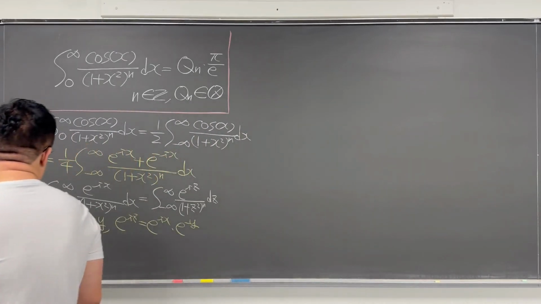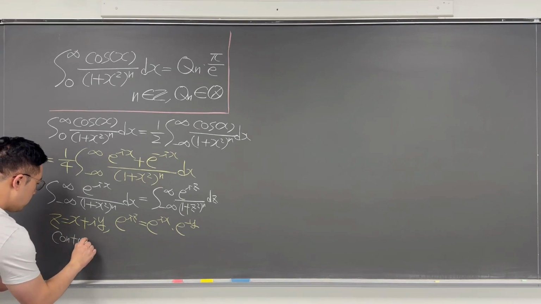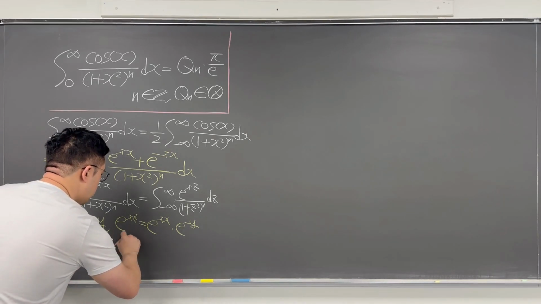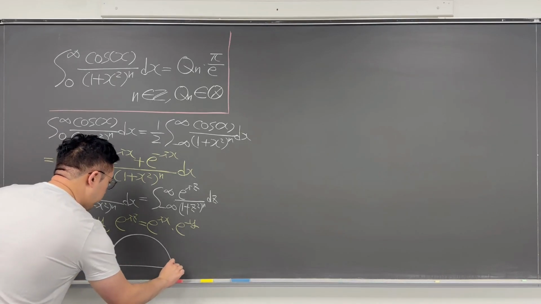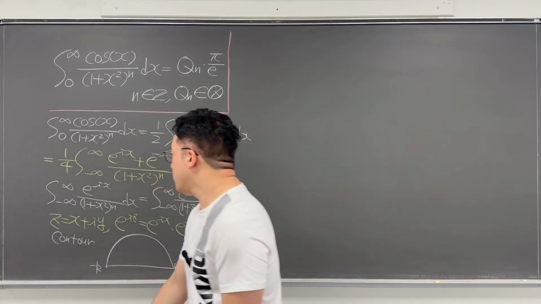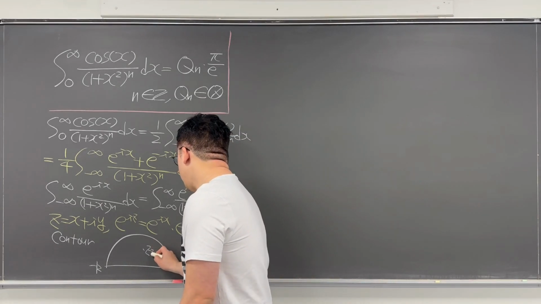So let me draw the semi-circle. Negative R, then we have R. Then we should have this z equal to i.